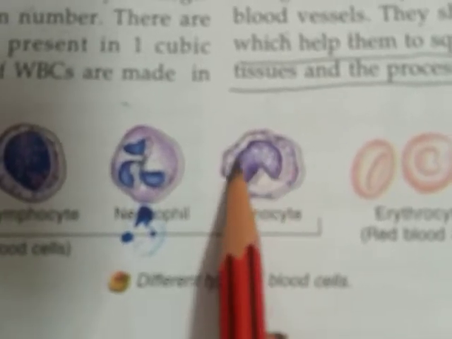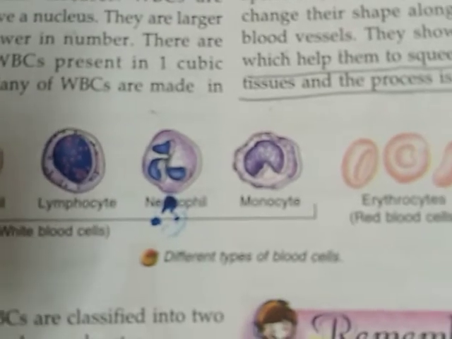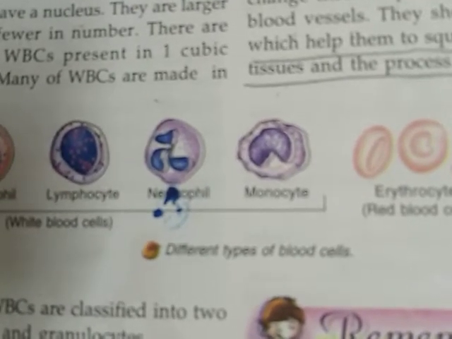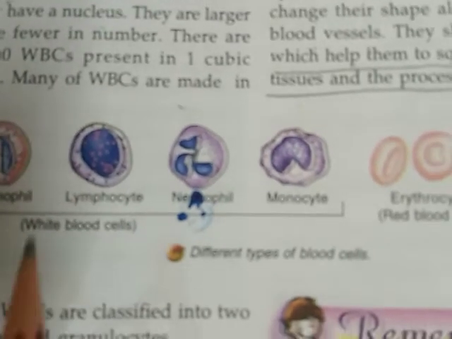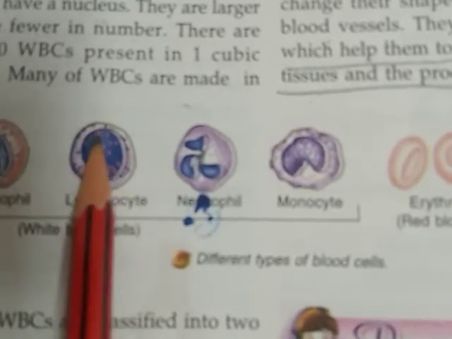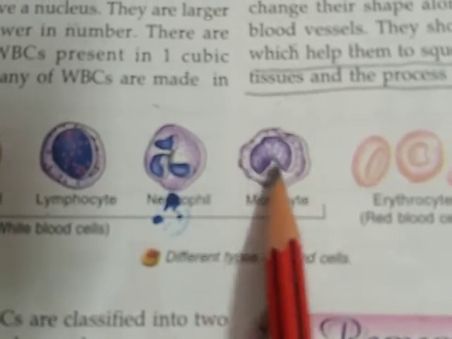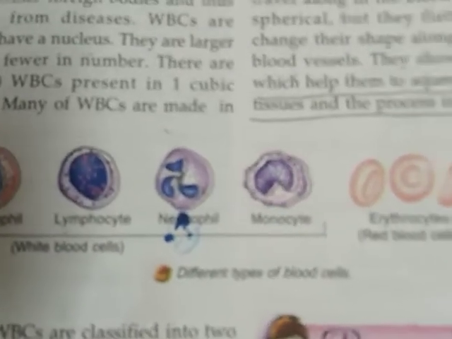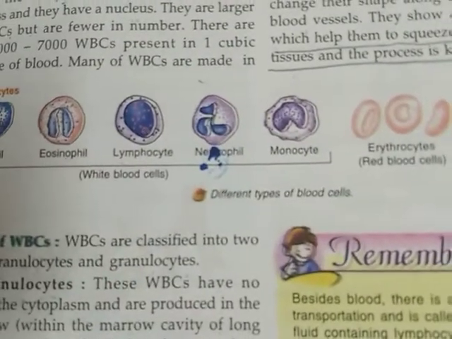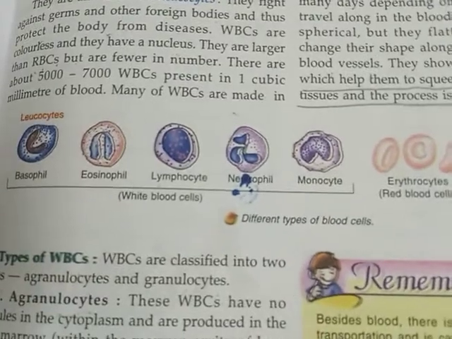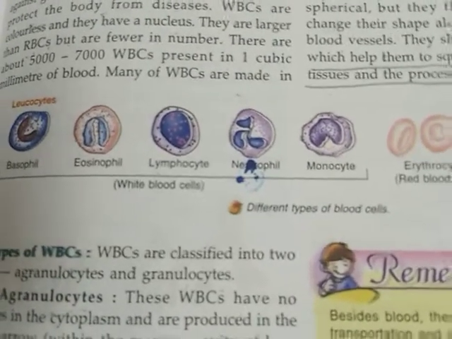So agranulocytes WBCs are of two kinds, lymphocytes and monocytes. Lymphocytes have a round nucleus and monocytes have a horseshoe shaped nucleus. So this is the difference between the lymphocytes and the monocytes. Children, it is very, very important. Learn these differences between the lymphocytes and monocytes.